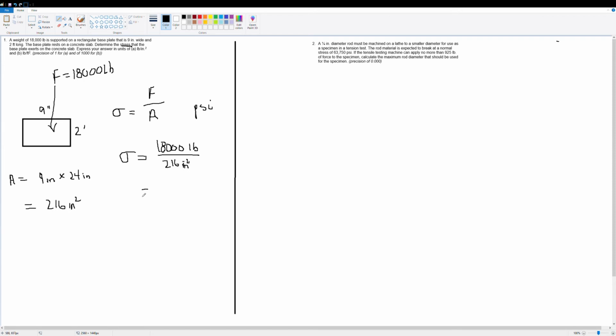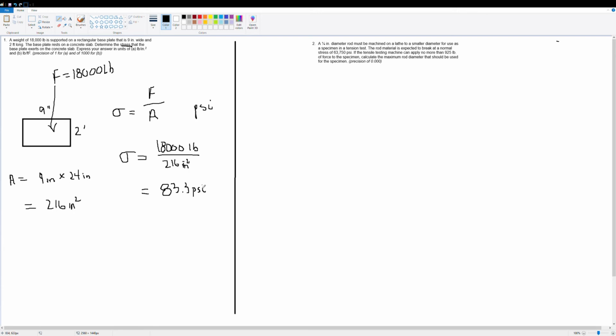Go ahead and put that into your calculator, and you should receive an answer of 83.333, with the 3 repeated, so I'll just round to 83.3 pounds per square inch, or PSI.